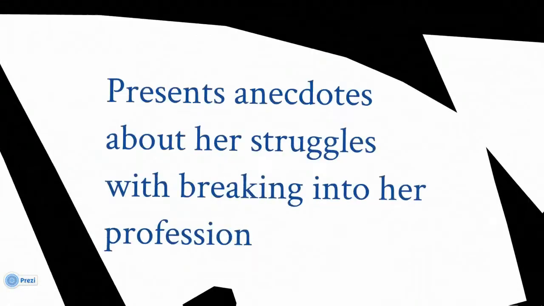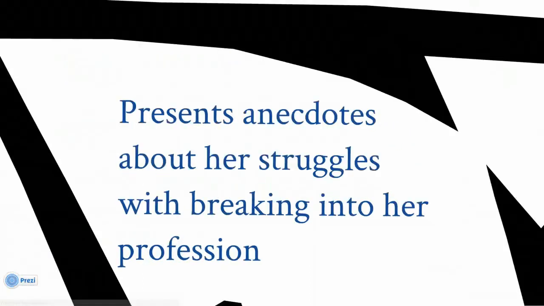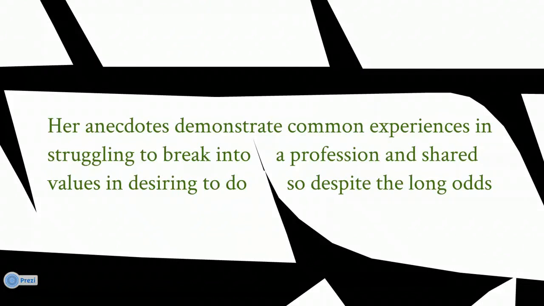Let's go all the way back down to the bottom and talk about another thing. She presents, I think, 3 or 4 different anecdotes in this text about her struggles with breaking into the writing profession. Right away we need to understand that those types of anecdotes demonstrate that she has something in common with her audience, that she shares common experiences, those experiences in struggling to break into something.